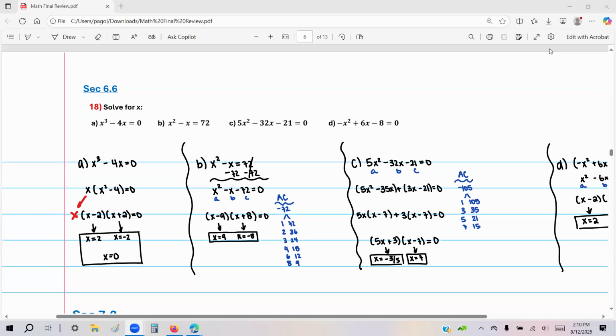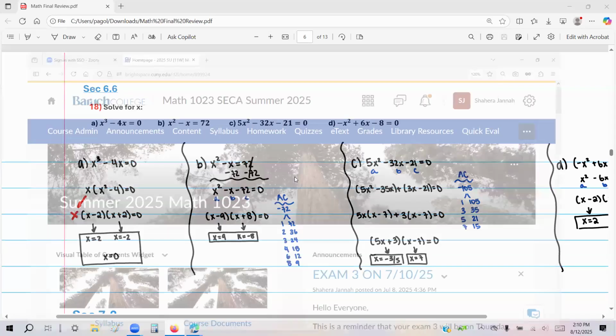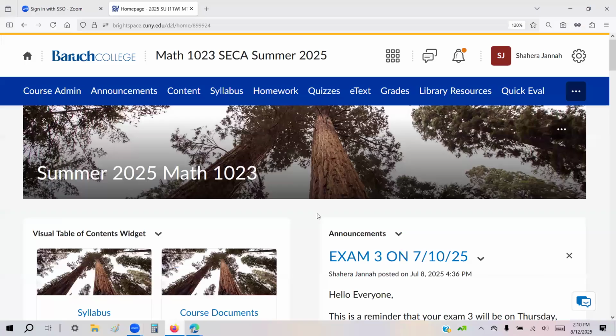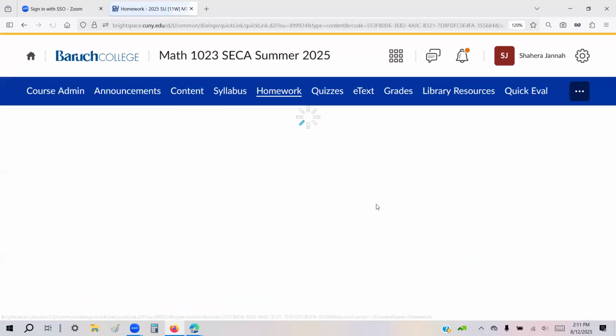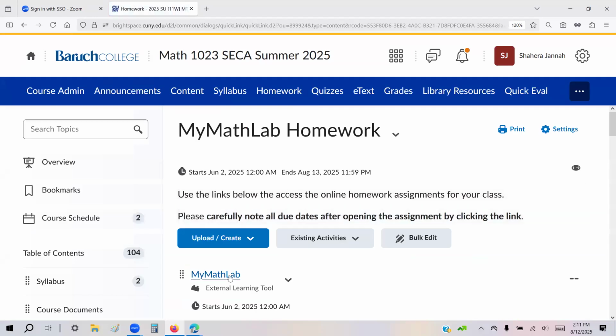Oh, 41 out of 42. The 42nd one is the orientation, but orientation doesn't count, I think. Really? Let me check. But the total points for homework is 420, not 410. Well, let's see what I see from my side.